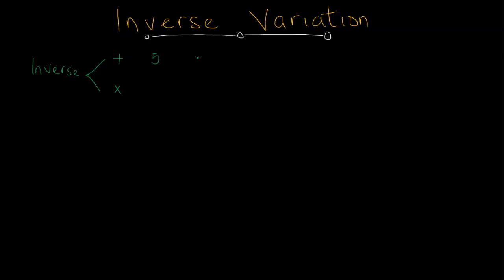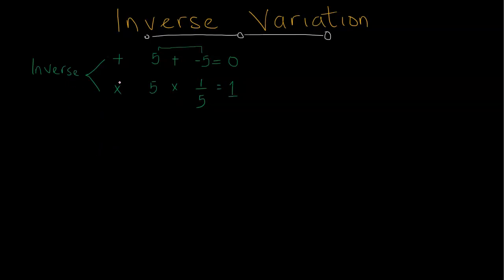Its additive inverse is -5 because if I add 5 and -5, I get 0, which is the additive identity. Similarly, 1 over 5 is the multiplicative inverse of 5 because if I multiply 5 and 1 over 5, I get 1, which is the multiplicative identity.